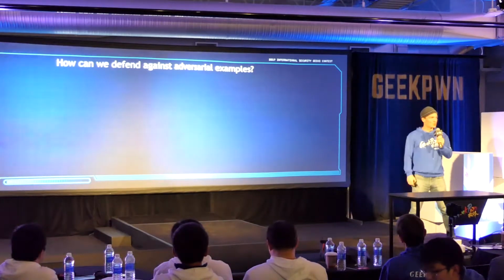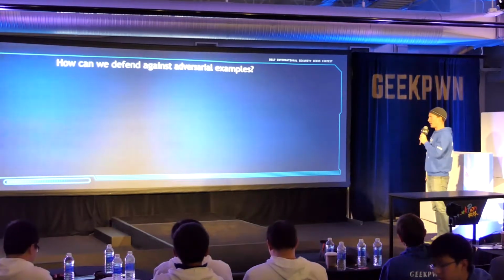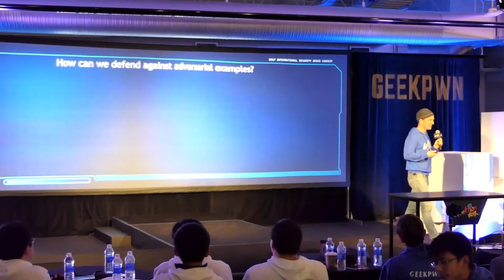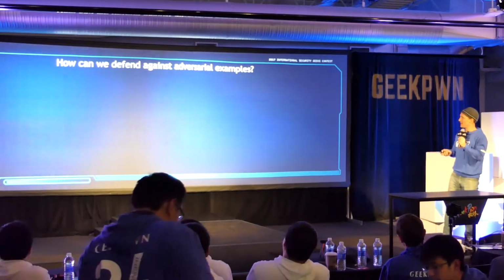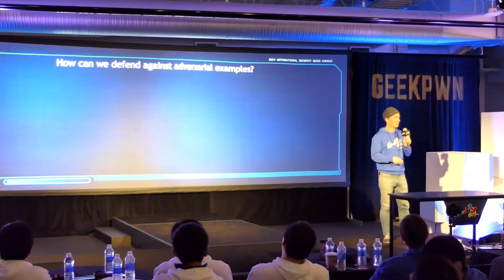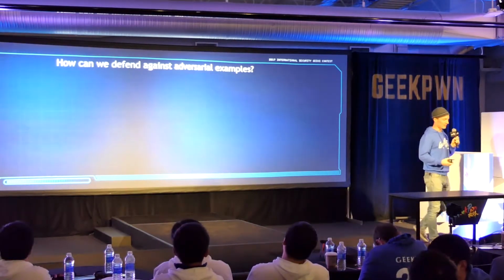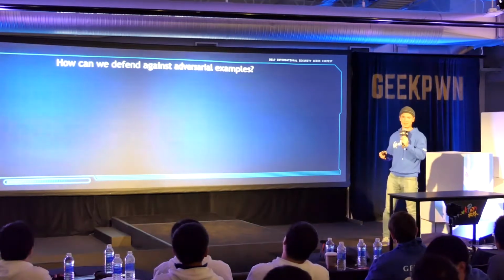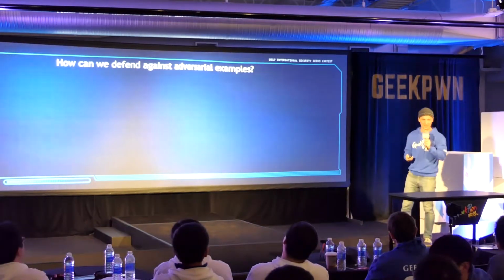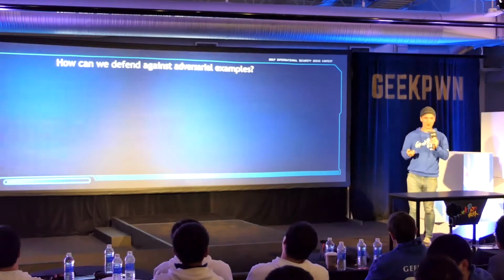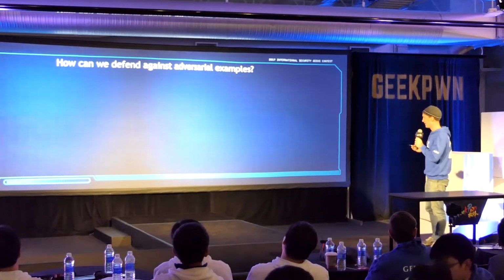So changing tack a little bit, attacking is fun and entertaining, but how can we actually defend against adversarial examples? This is a big problem for a lot of different areas. Very obviously, self-driving cars, and even things just on the internet, image classification and the like. We would like to not let people fool our classifiers so easily.